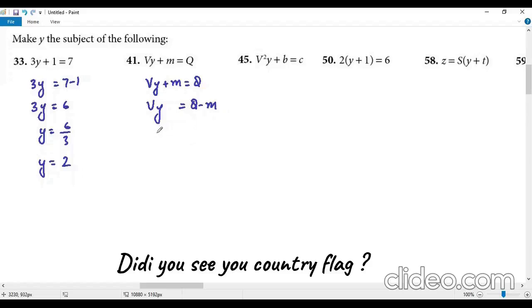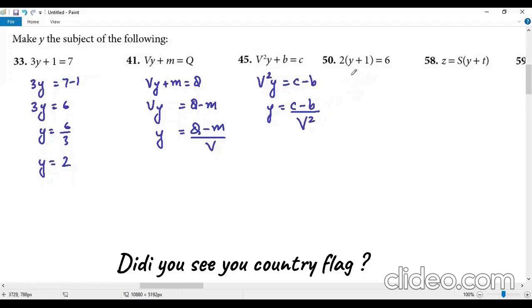And v is multiplying, that means on the other side it will go and divide q minus m. Now in the second part it says v square equals c minus b, and y equals c minus b over v square.